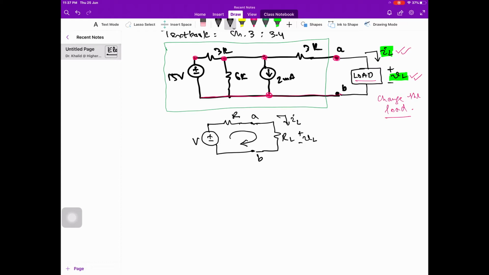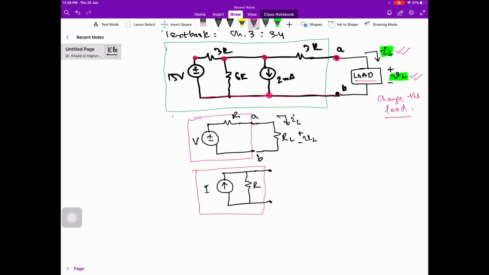This circuit, which is equivalent to the original circuit, is known as the Thevenin equivalent circuit. We can also represent the whole circuit with two elements such that one element is a current source and the other element is a resistance.